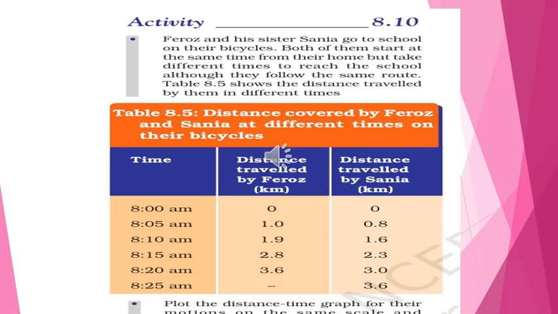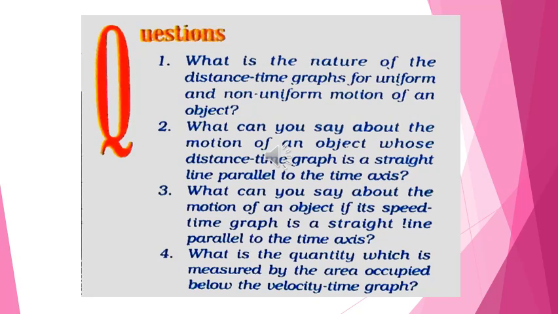You have to plot the distance time graph for their motions on the same scale and interpret. Means on the same graph, draw the two lines. One will represent Firoz and one will show Sania, and then you conclude which is fast, which is slow, and interpret it.